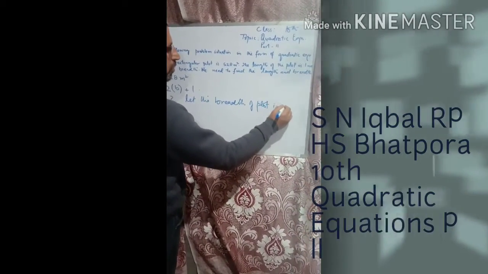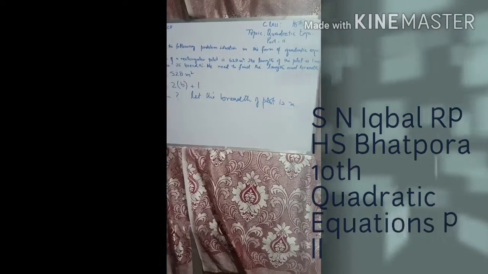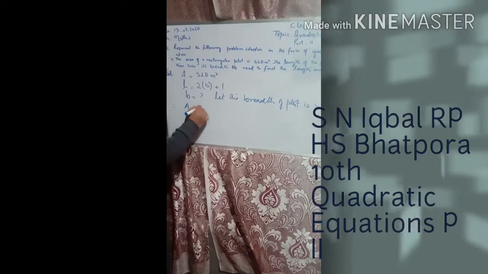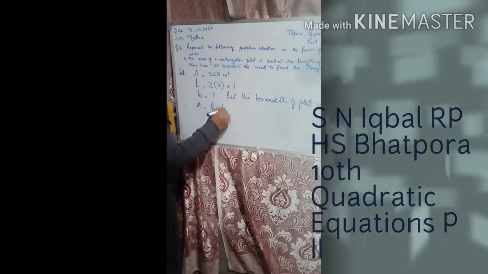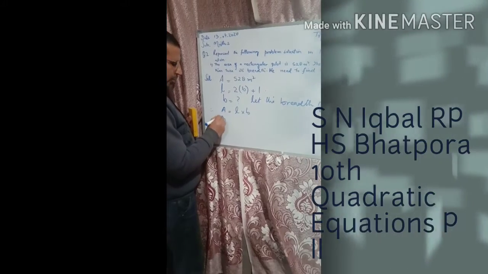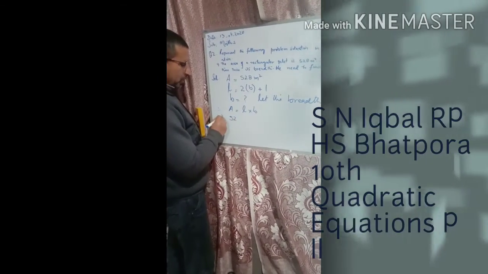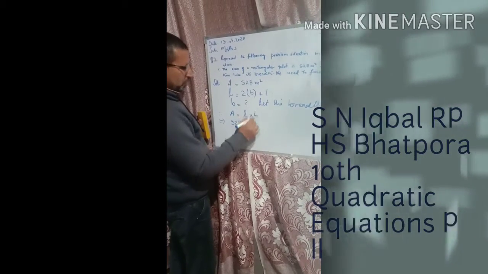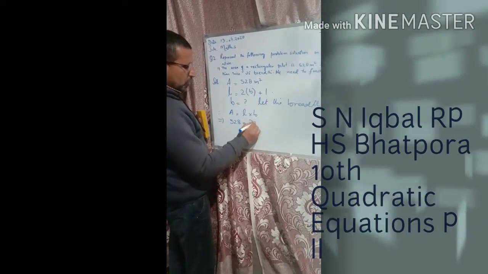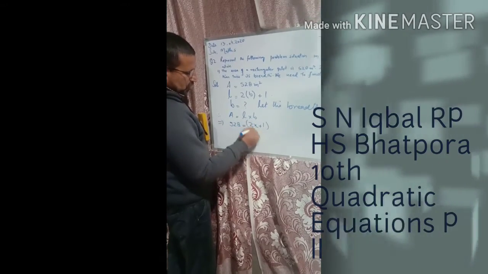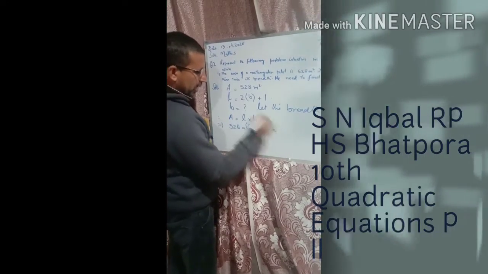So therefore area would be equal to length into breadth, which we know, which implies that area is 528 and length would become 2 times x plus 1, into breadth, which is x.